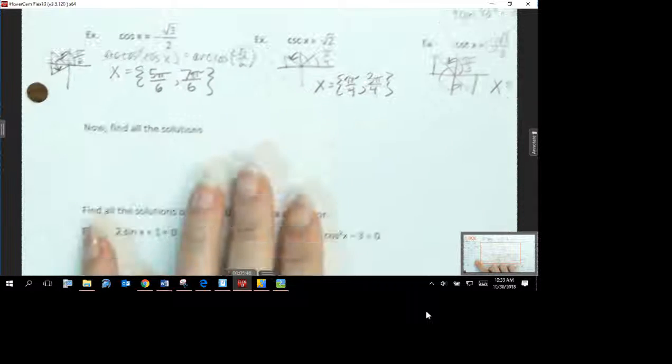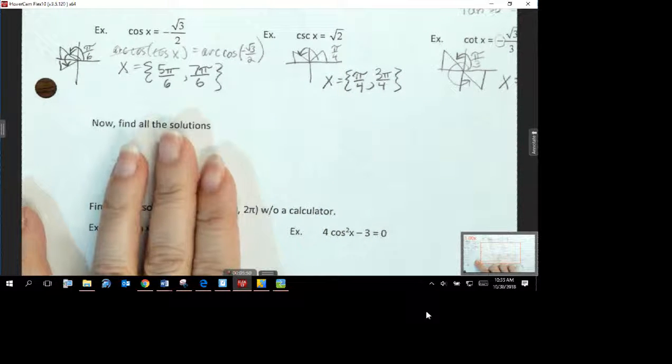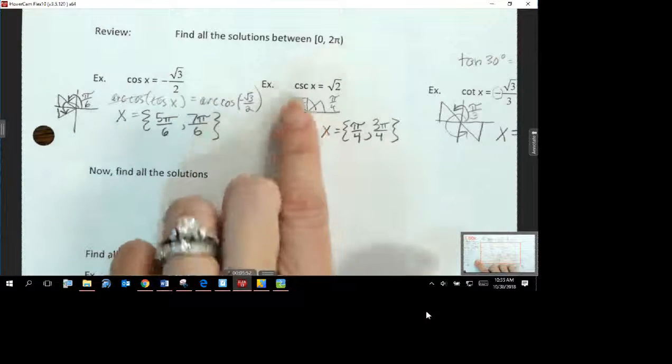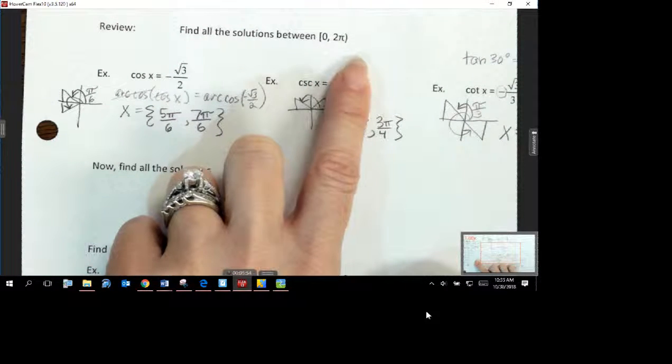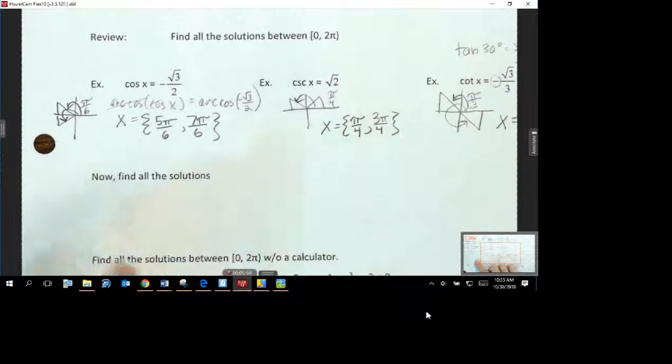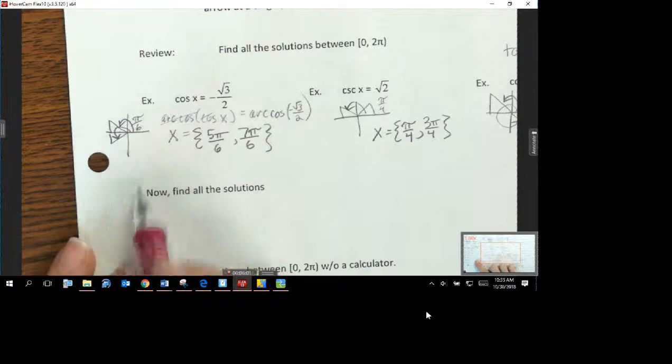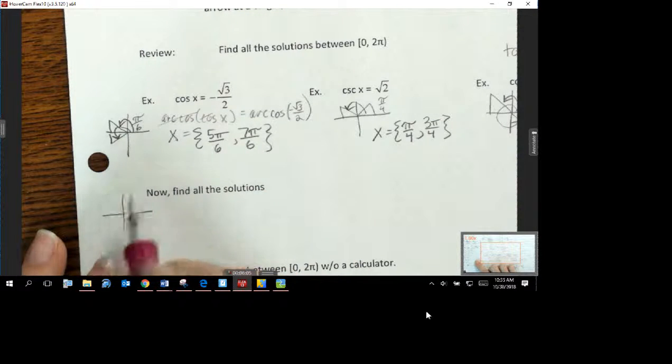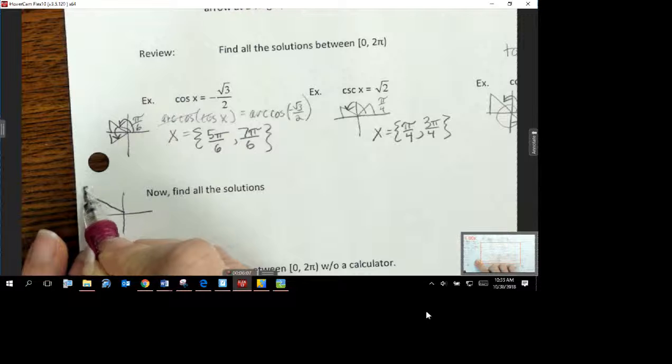Okay. Now it says find all the solutions. Up here I said find all the solutions between 0 to 2 pi. Now it should find all of them. So we're taking our solutions to cosine x equals negative radical 3 over 2, where the first one is at 5 pi over 6.